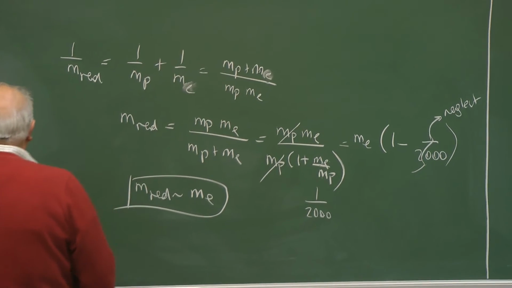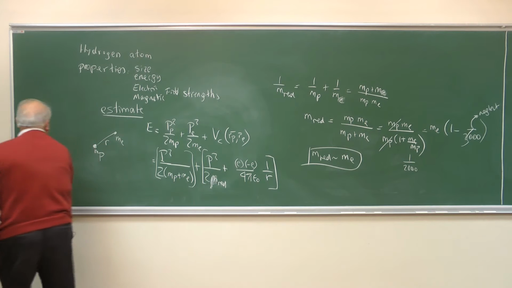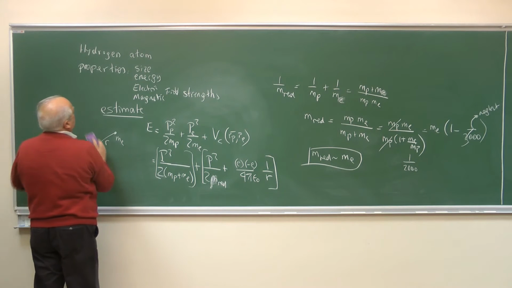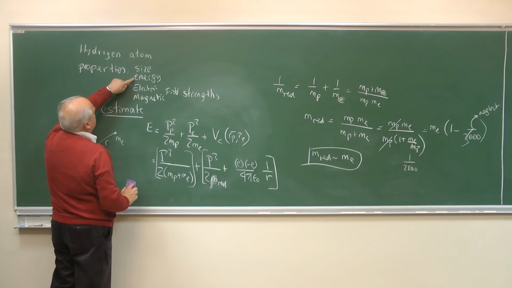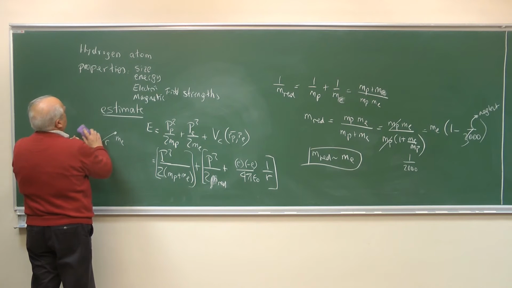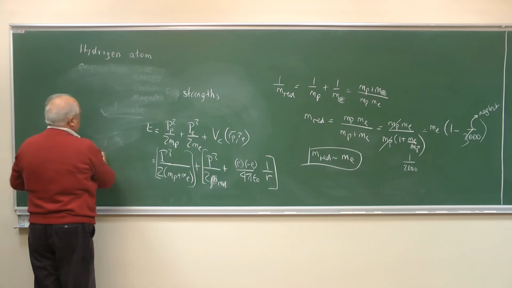So that's how we start. So I am erasing this part, and let me erase these. Remember, we'll look at the size, energy, electric and magnetic fields, and we shall estimate. And we are doing this for hydrogen atom, so I can erase this.